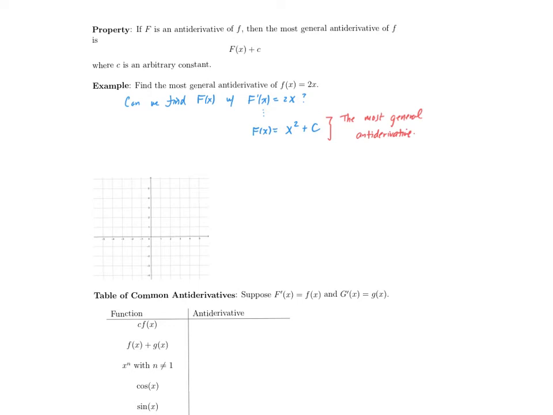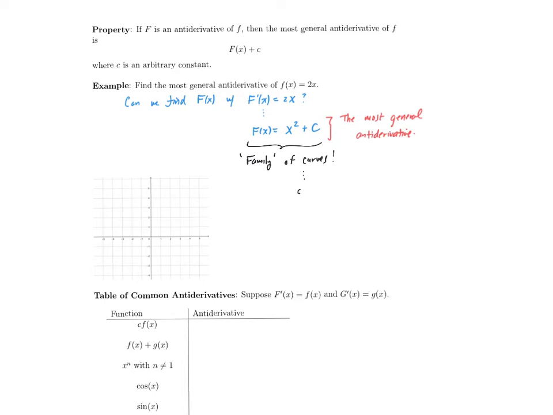And I do want to illustrate what's going on graphically. Having this plus c really means that we have a family of curves. And what I mean when I say a family of curves is that there is one curve corresponding to each value of that constant c.